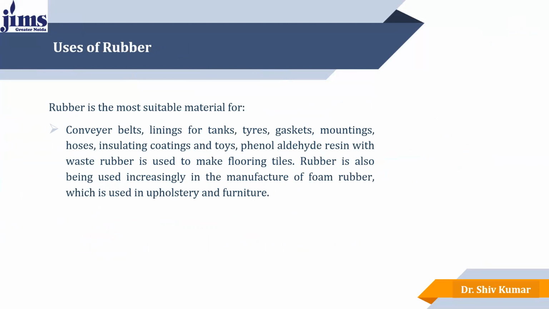It is used to make conveyor belts, linings of tanks, tires, gaskets, mountings, hoses, insulation, toys, phenol-aldehyde resins. With waste rubber, flooring tiles, etc. are made. Rubber is also being used increasingly in the manufacture of foam rubber, which is used in upholstery and furniture.